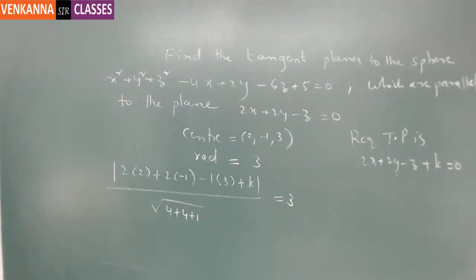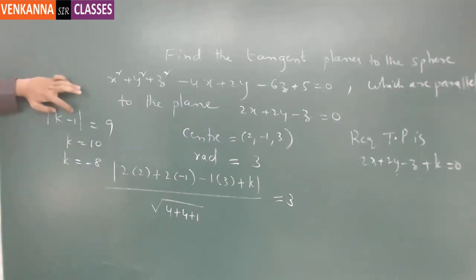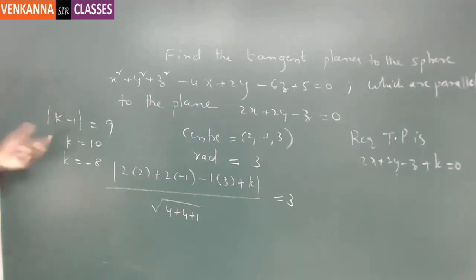Hence, you can get modulus of k minus 1 is equal to 9. You can take the modulus value as positive or negative. If k minus 1 is positive, then k is equal to 10. If k minus 1 is negative, the modulus will come as minus k plus 1, hence k is equal to minus 8.